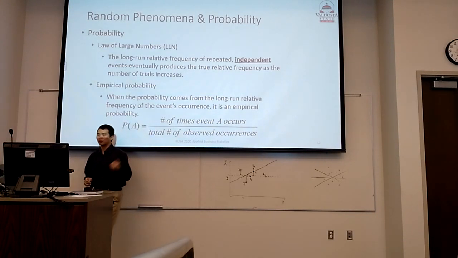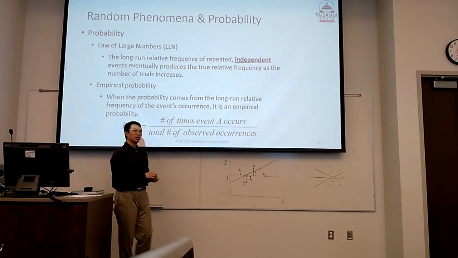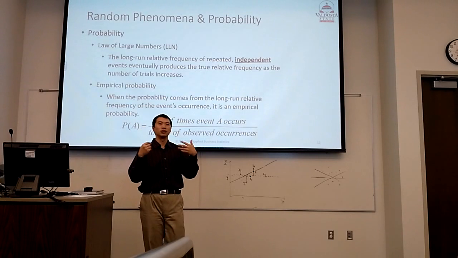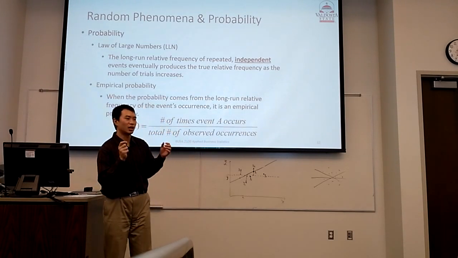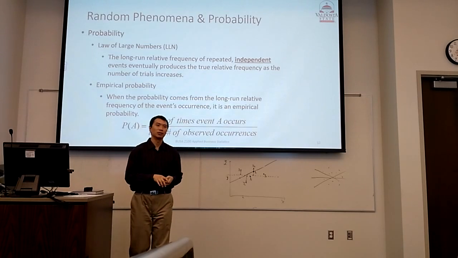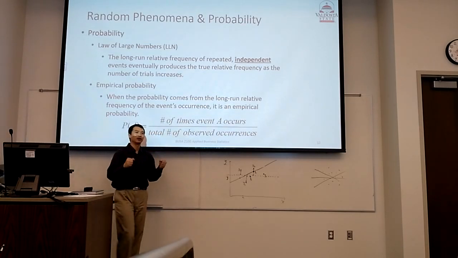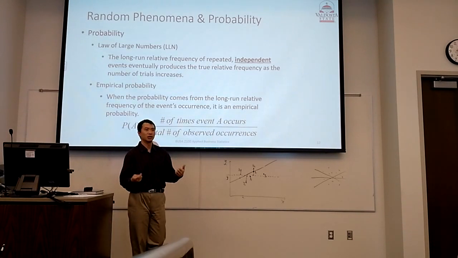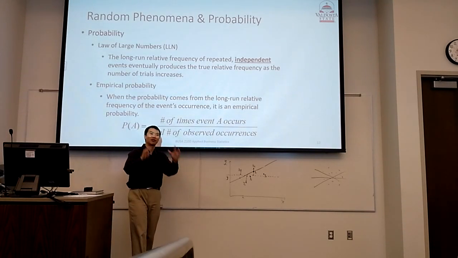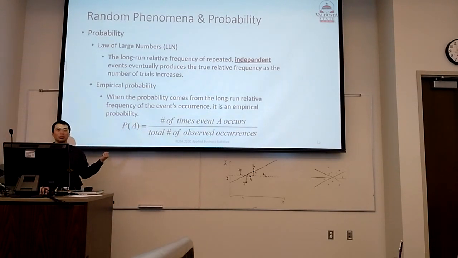That's the empirical probability. Or if you are testing a new drug, you do experiments on animals. What's the probability of getting a negative reaction or effect? That probability is from your actual experiment. So that's the empirical probability.